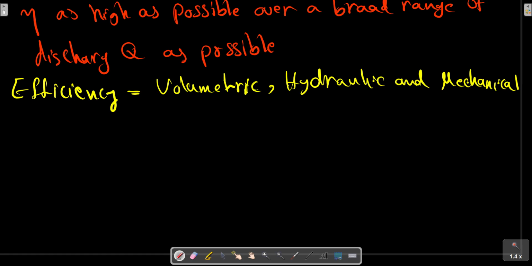The volumetric efficiency eta V, where QL is the loss of flow due to leakage in the impeller casing clearance.